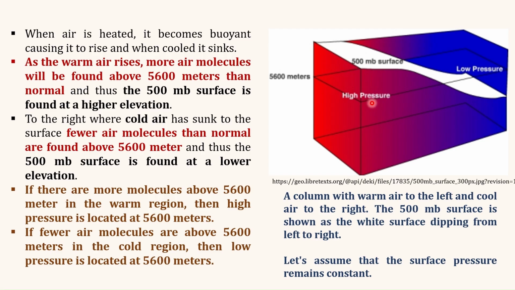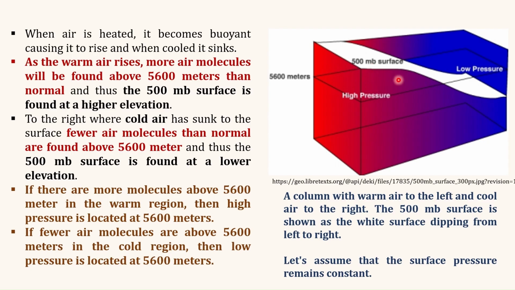In standard conditions, this 500 millibar surface is present at an altitude of 5600 meters. But when the temperature is high, as the warm air rises, more air molecules will be found above this 5600 meters than in normal conditions. Thus, the 500 millibar surface is found at a higher elevation.